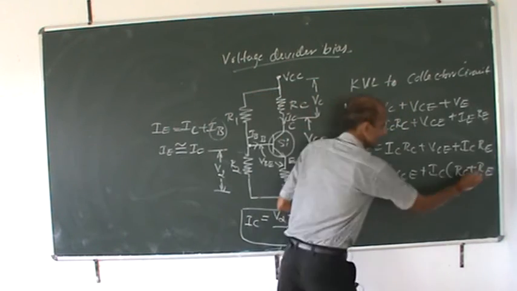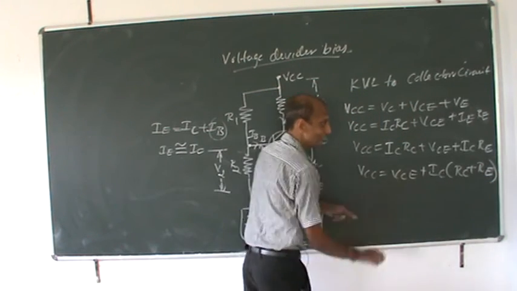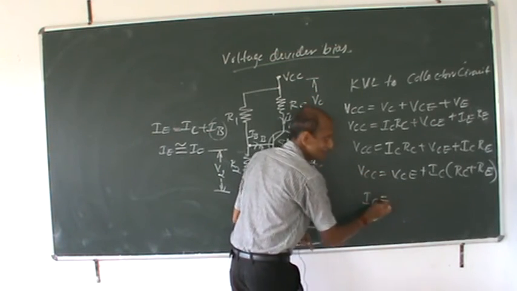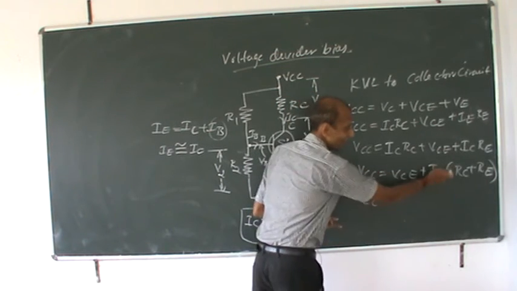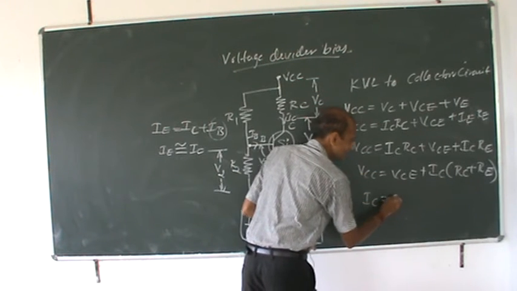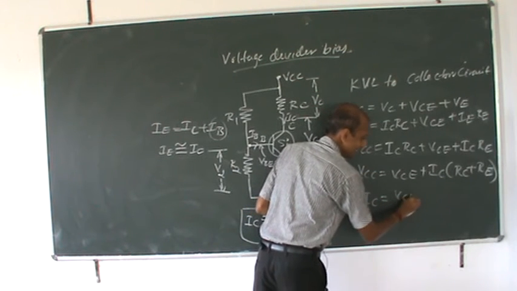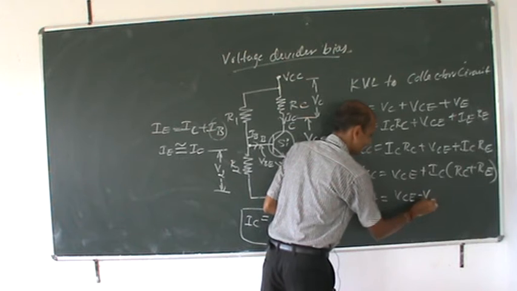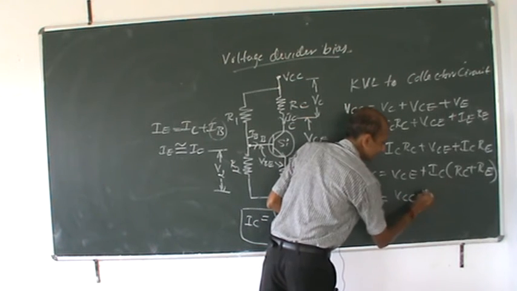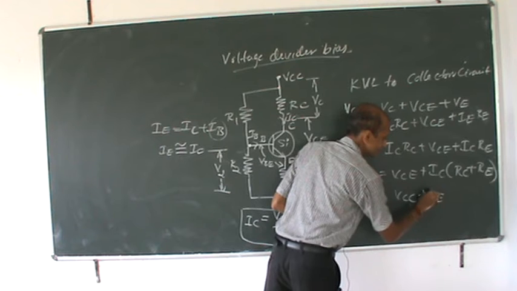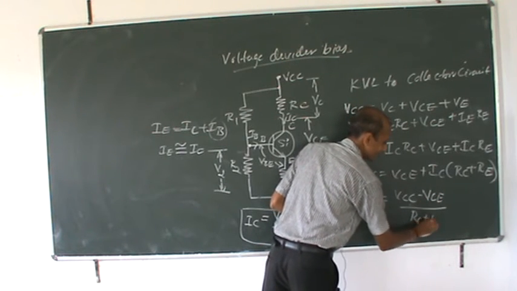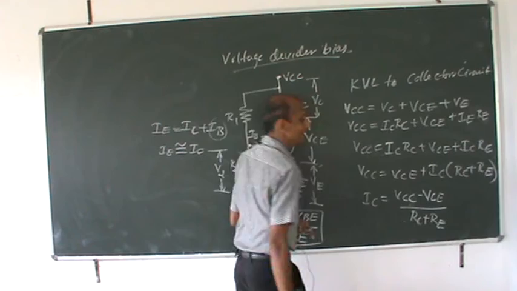After all this, rearranging things, I can write the equation for IC as IC is equal to VCC minus VCE divided by RC plus RE.